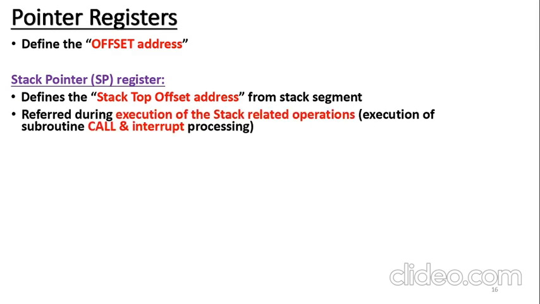The stack pointer and the corresponding stack will be referred during the execution of stack related operations. Stack related operations include push and pop type of instructions where the data will be actually stored on the stack or retrieved from the stack.